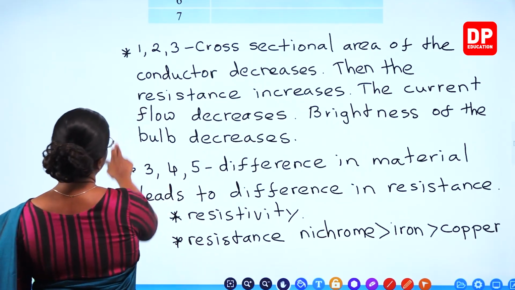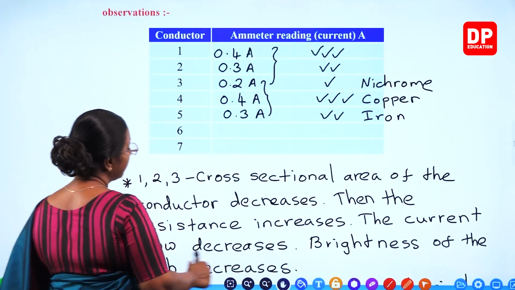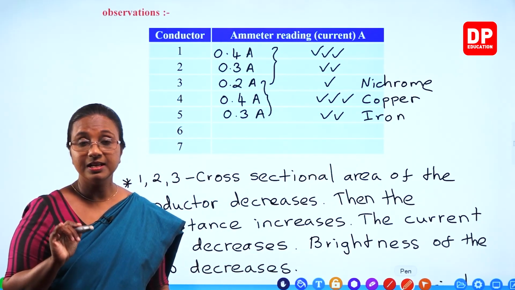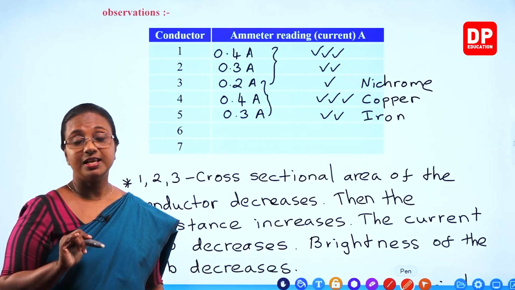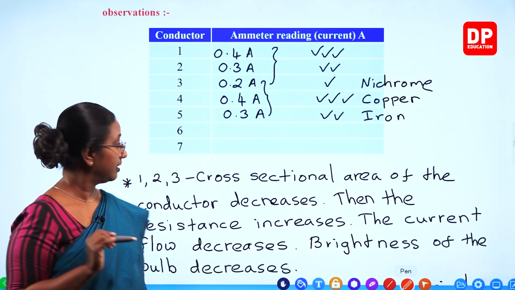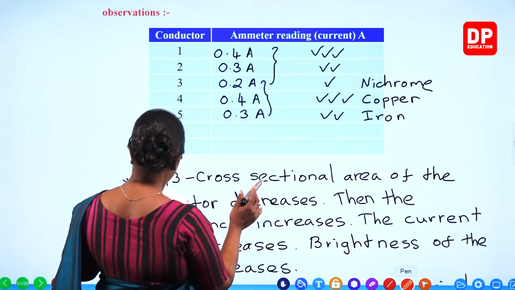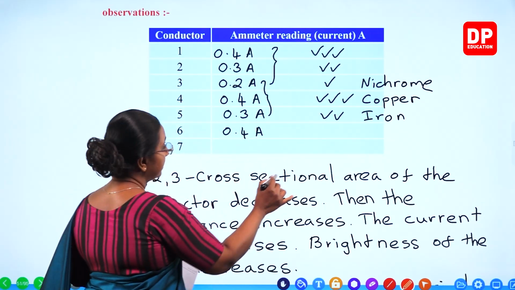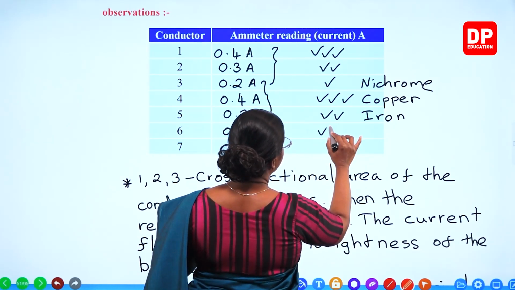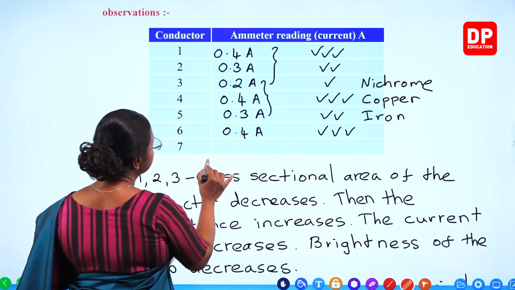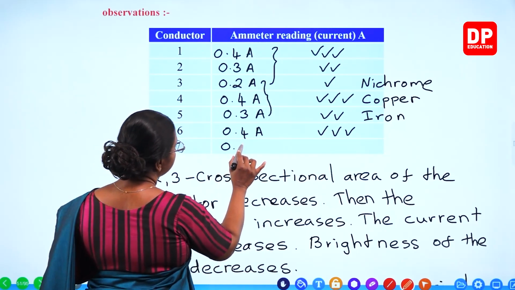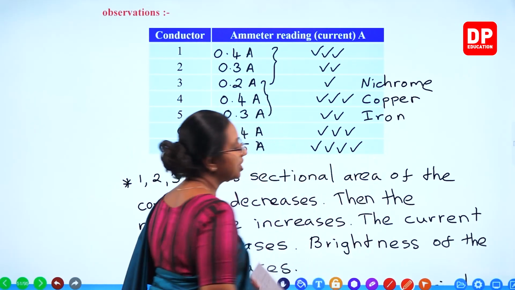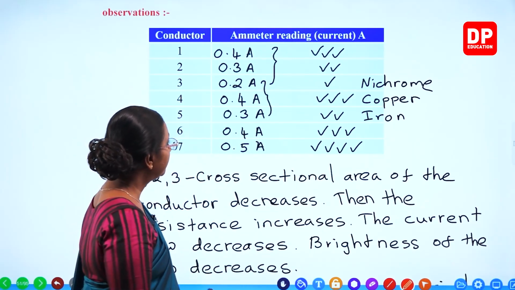Then the last set of activities, that is 5, 6 and 7, the same conductor, iron, same cross-sectional area, but the lengths are different. So 5, 0.3 amperes, 6, 0.4 amperes, and the brightness was more, and 7, 0.5 amperes, the brightness was very much higher. So what do you see?